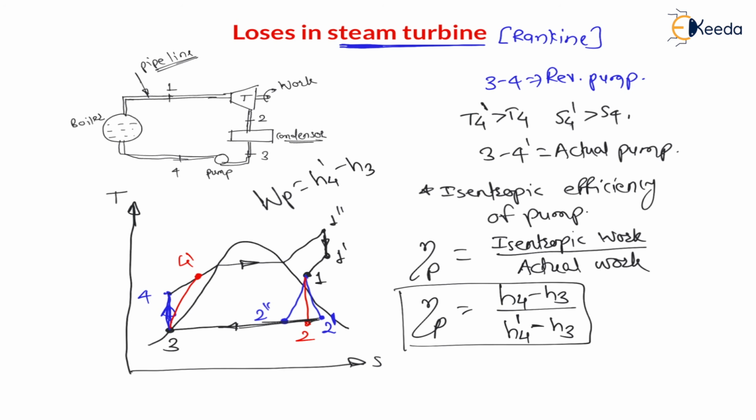Now my dear students, whenever the water is flowing from condenser pressure to boiler pressure, there is a long pipeline. Can you see here, from the condenser to the boiler there is a long pipeline. Whenever water is flowing from the condenser pressure to the boiler pressure, there is a lot of frictional drop of pressure, and because of these frictional losses the water is not reaching up to the boiler pressure, right?